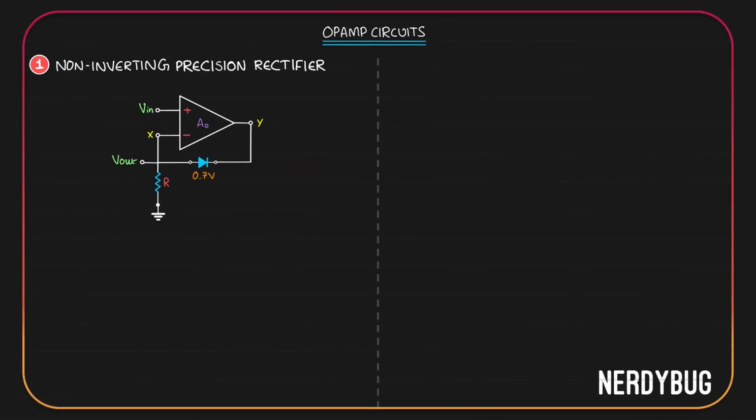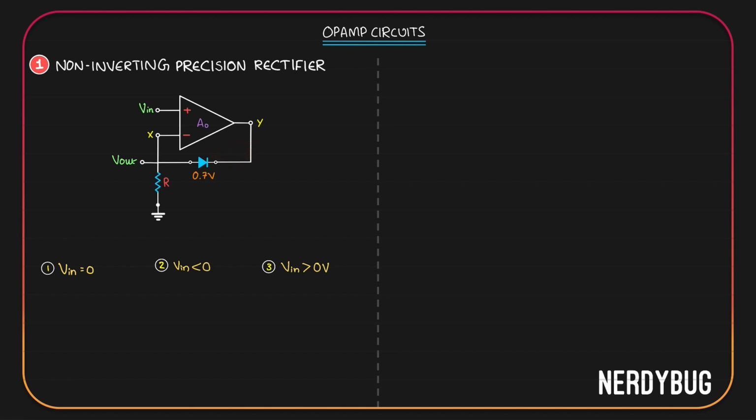Let's see what happens when input is 0. Like we saw earlier, the op-amp will try its hardest so that Vx will become equal to V in. But for that, we need a feedback loop. Op-amp will try its best to make a feedback loop by switching on the diode. To switch on the diode, it needs to give negative 0.7 volt over here.